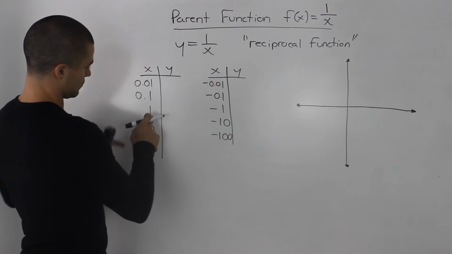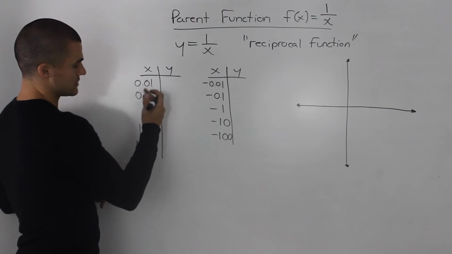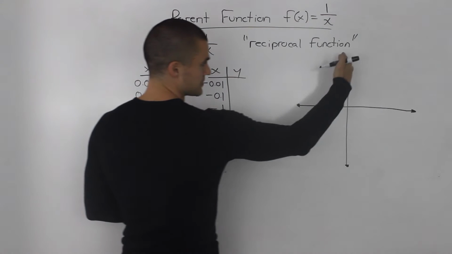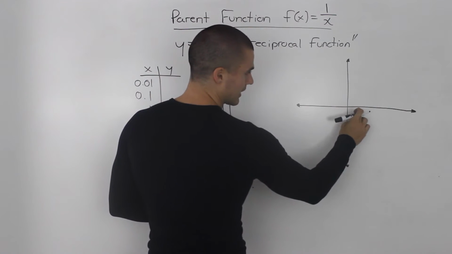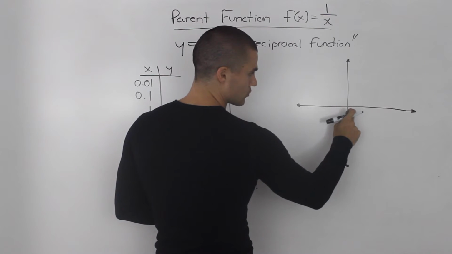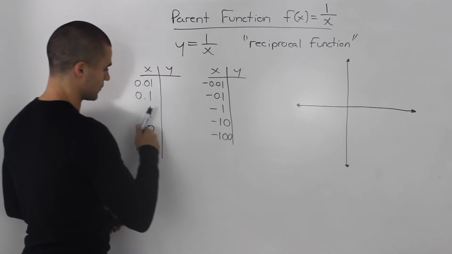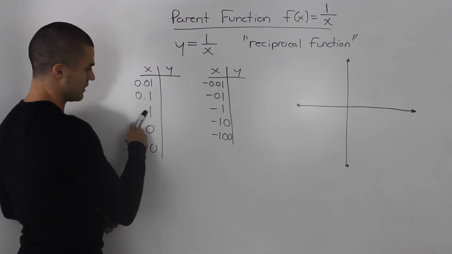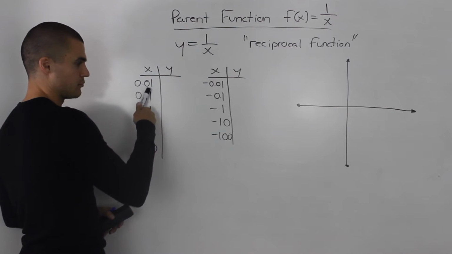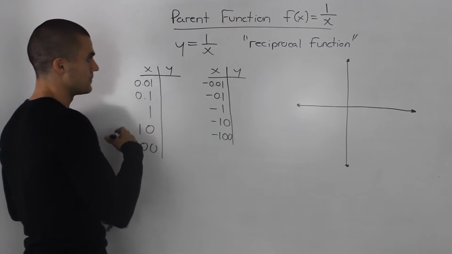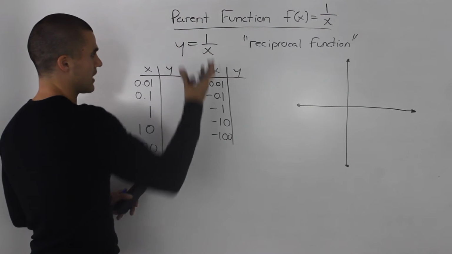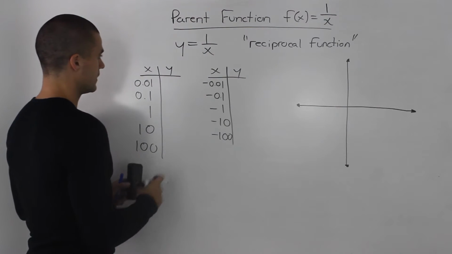So what I did here for the positive values was, since x can't be 0, I want to find out what's happening as we get very close to that x value of 0. So notice how I use an x value of 1, then of 0.1, and then of 0.01, just getting closer and closer to that value of 0 to see what the behavior of this graph is.